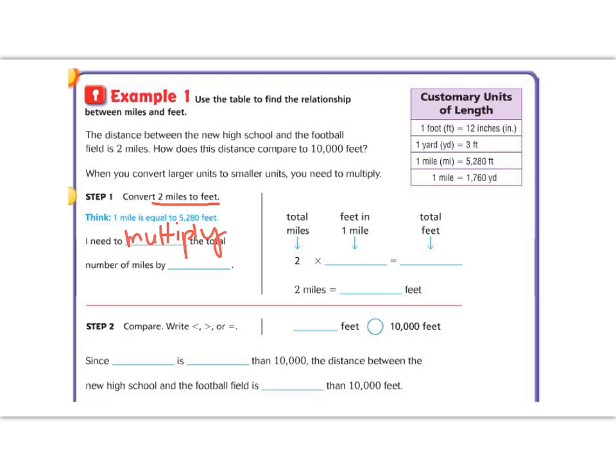the total number of miles by, so if we look over here, miles to feet is right here, so we need to multiply by 5,280 in order to get our conversion. Now we're going to multiply by 2 because we have 2 miles. So we have 2 times 5,280, and let's go ahead and do that to the side.